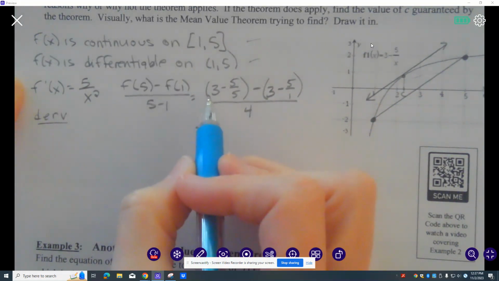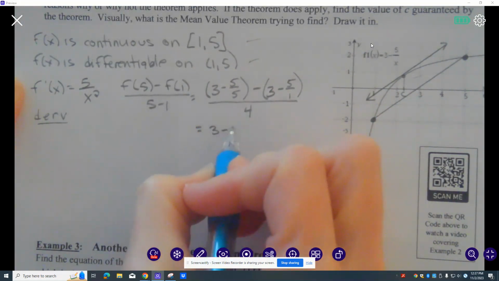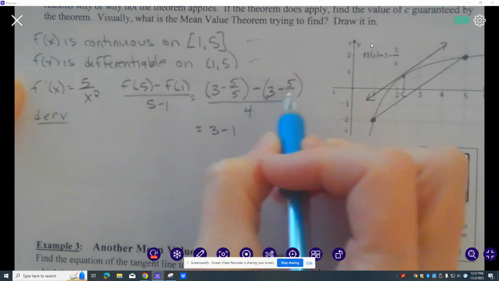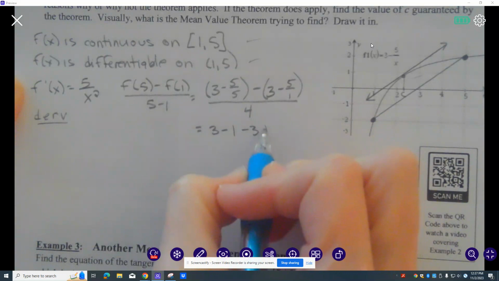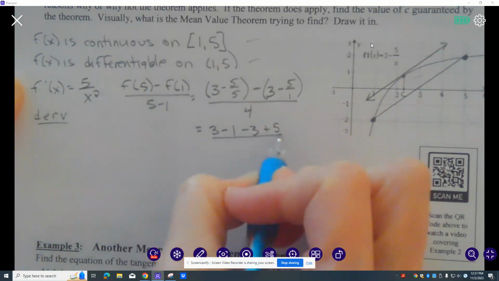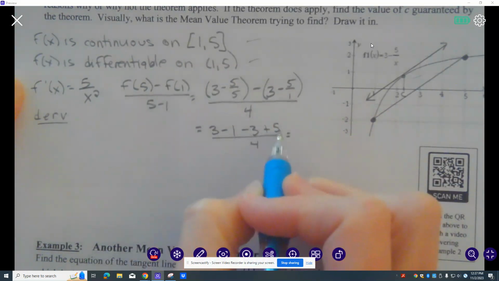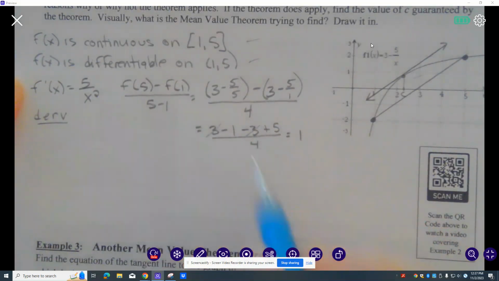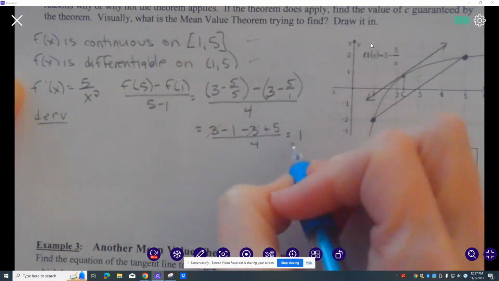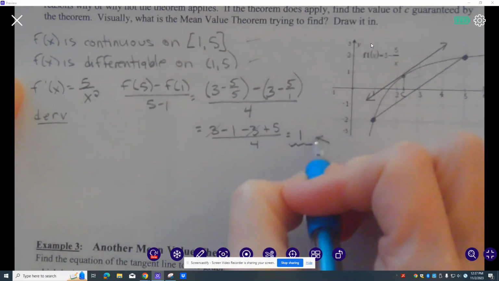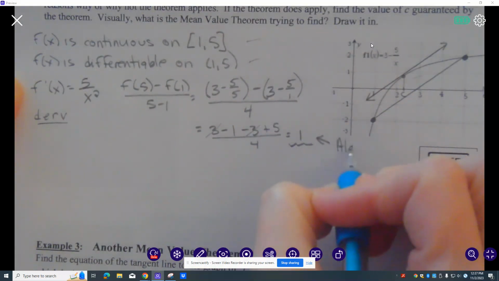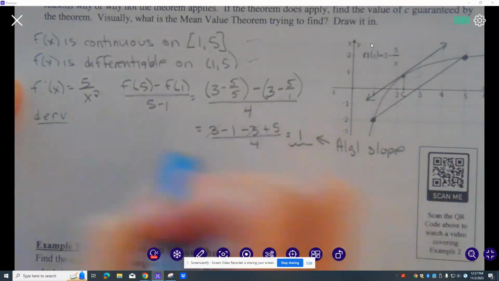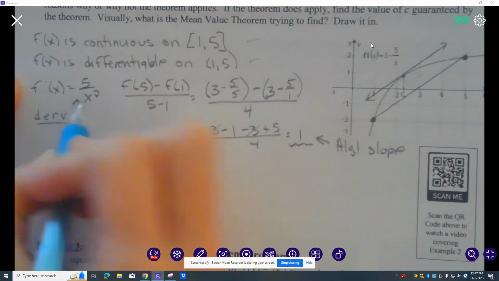This is 3 minus 1. This is 3 minus 5. So minus 3 plus 5 if you distribute that negative. And so you get 4 over 4, or 1. Negative 3 and positive 3 are 0. Okay, so this is algebra 1 slope. This is derivative right there.